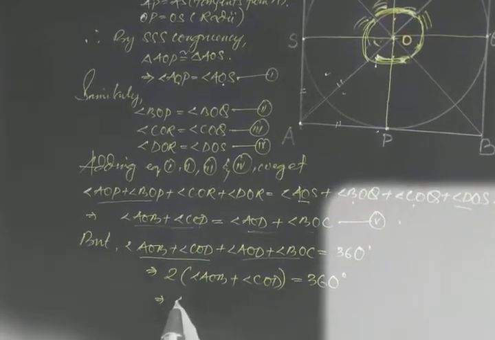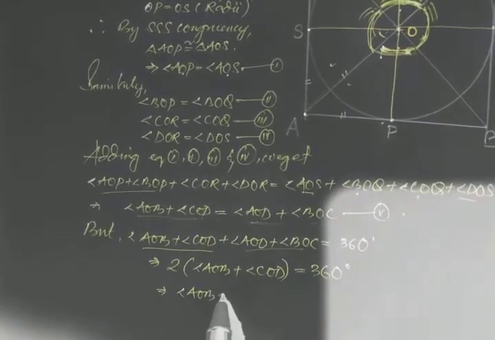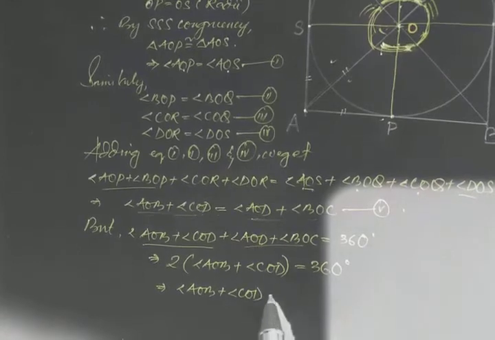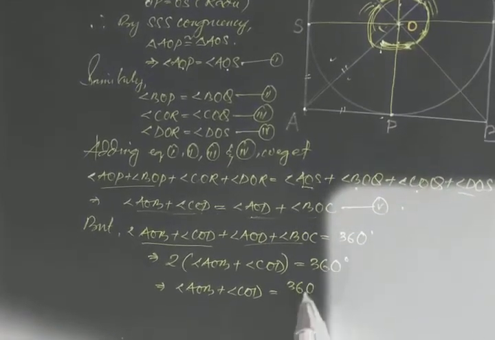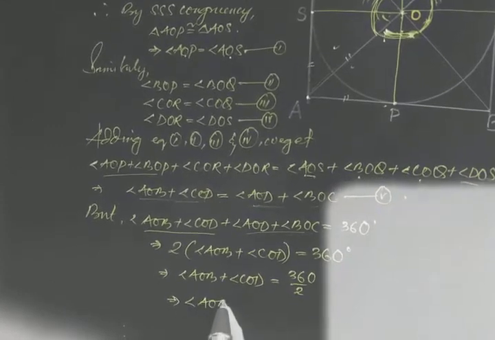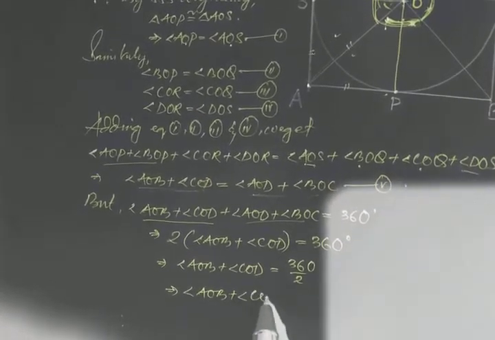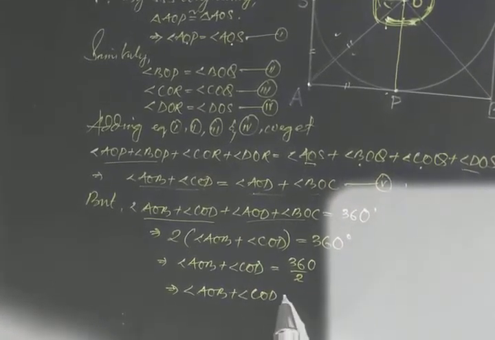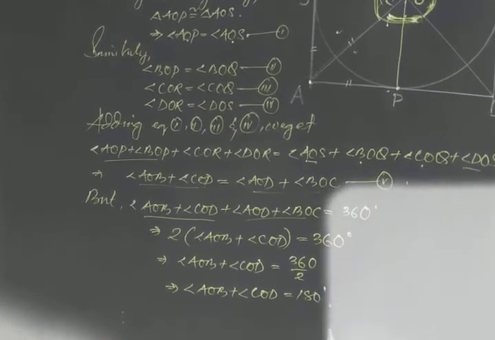And now angle AOB plus angle COD is equal to 360 by 2. So angle AOB plus angle COD is equal to 180 degrees.